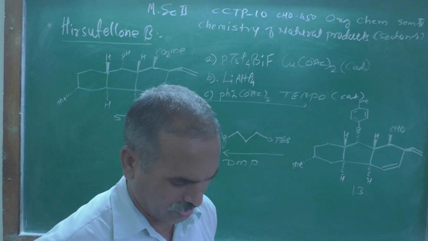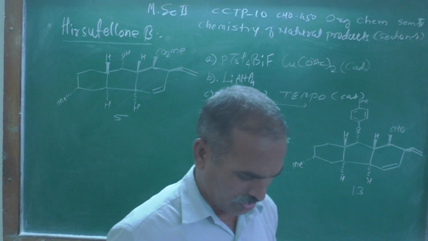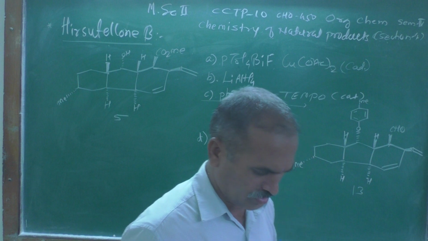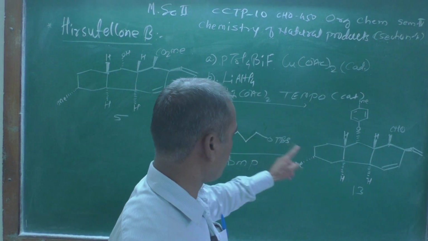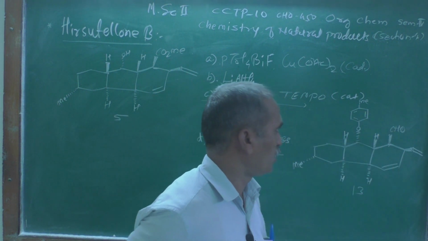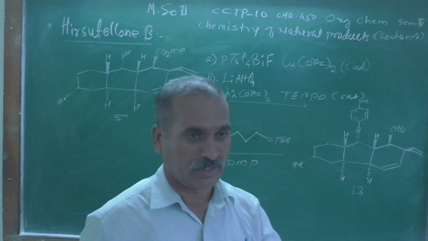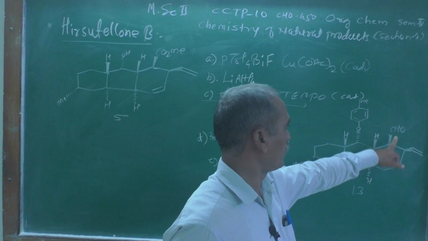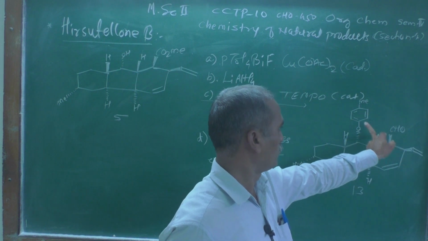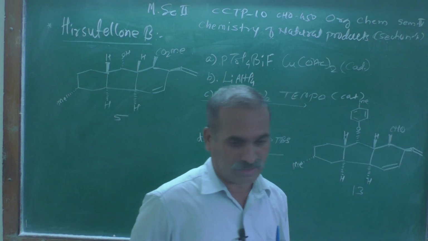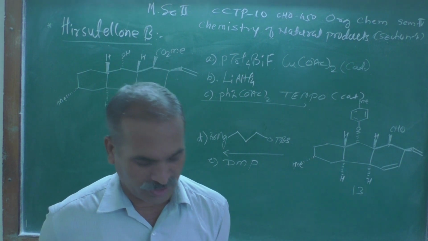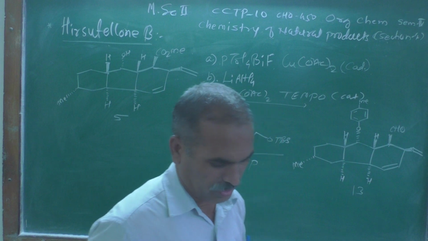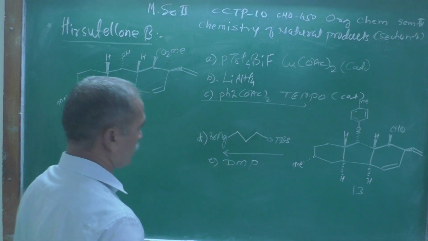And after adding these reagents, what are the changes? That Grignard's reagent suitably attaches on the aldehyde group. Here you have to keep in mind chemoselectivity. Here there are different functional groups, but the aldehyde group is the most reactive, so the changes will occur over there, and rest of the thing remains as it is.